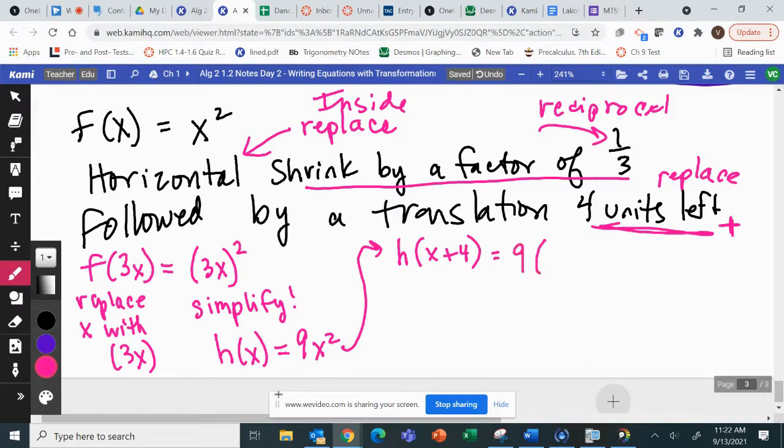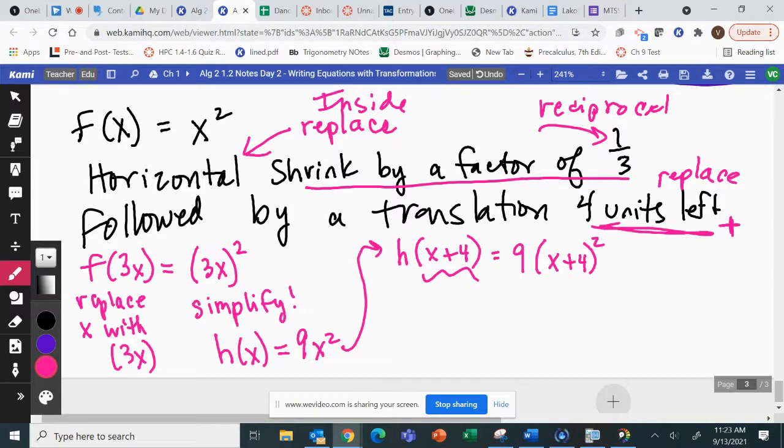So 9 parenthesis x plus 4 close parenthesis squared. Anytime we do a horizontal, we are replacing the x. So we don't just put a plus 4 at the end. We replace the x with x plus 4.